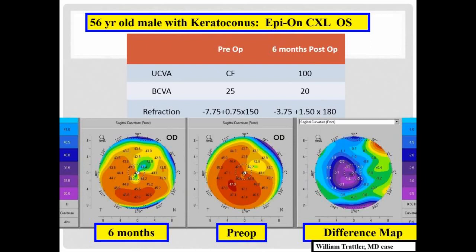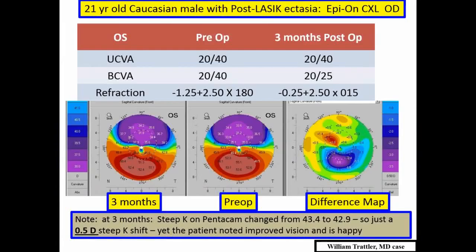You can see that 6 months later there is significant flattening in the difference map, and the patient's best corrected visual acuity improved from 20/25 to 20/20, and the level of myopia dropped significantly. The patient is very pleased overall with the result. When that patient goes to get cataract surgery in the future, they'll have a much better corneal shape, and they'll have a much improved result.